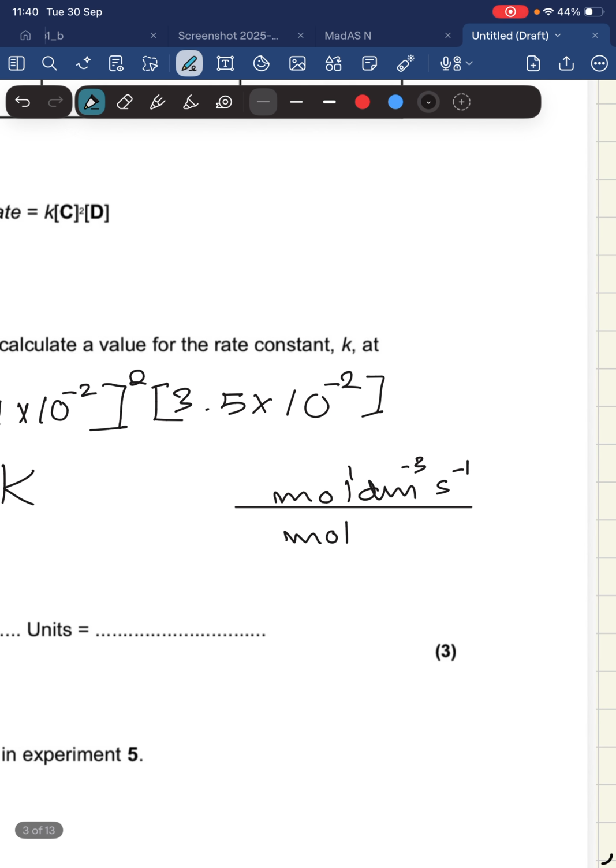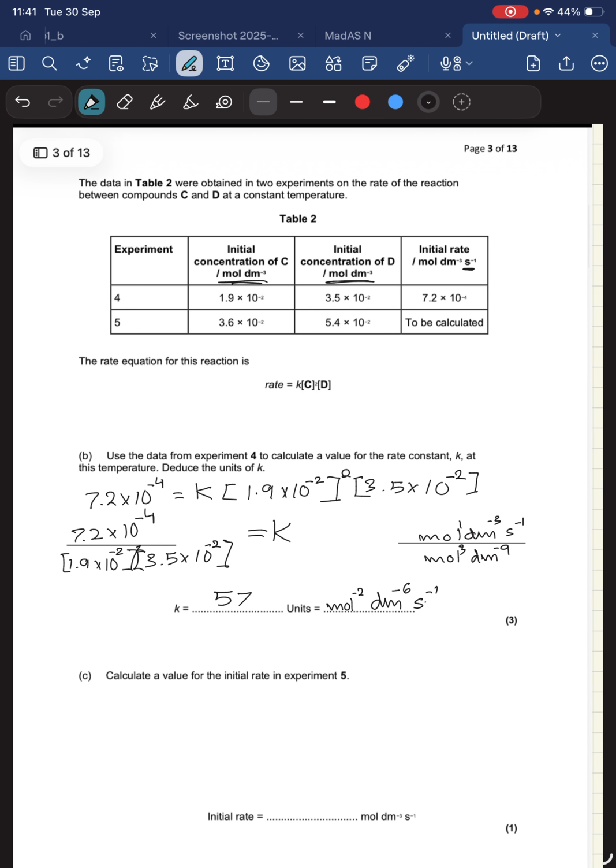Moles squared. So that should be moles to the power 3 decimeter minus 9. And then if we cancel the bottom with the top, we are left with mole to the negative 2, decimeter to the 6, per second, so second to the minus 1. Okay? So the seconds is not affected.